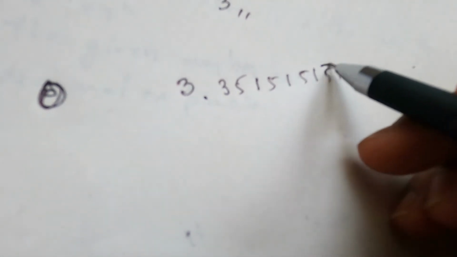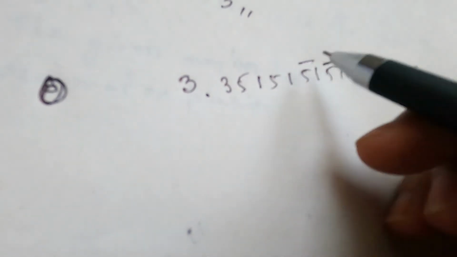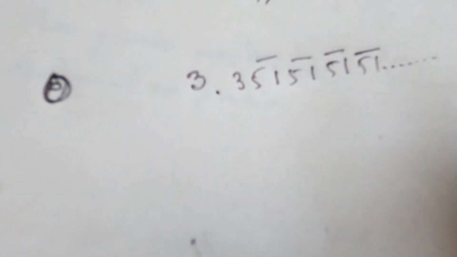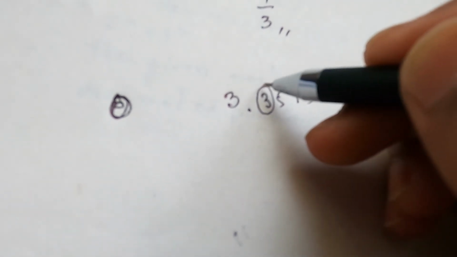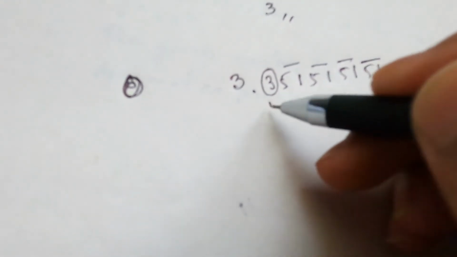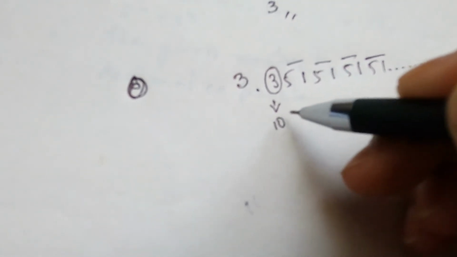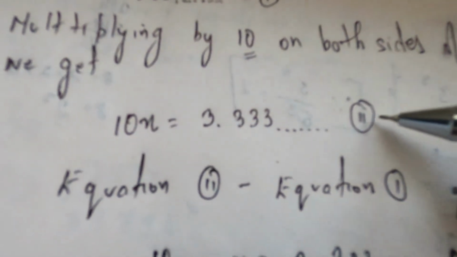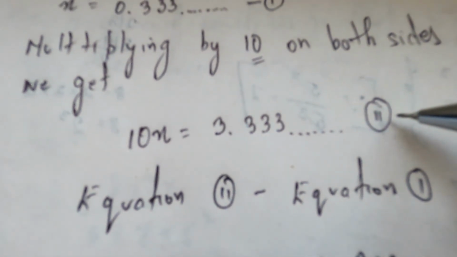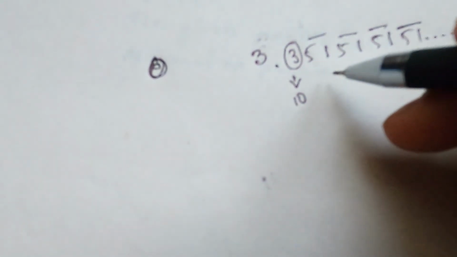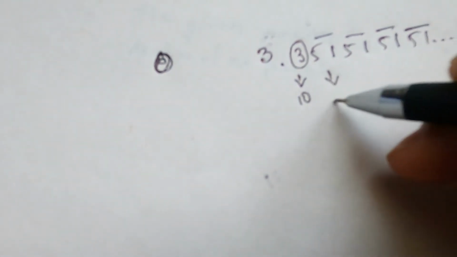In this case the repeating decimal part is 51 51 51, and we have a number 3. So what you will do first is multiply by 10, exactly like in equation number 2. First you will multiply by 10, then after that you will multiply again by 100.